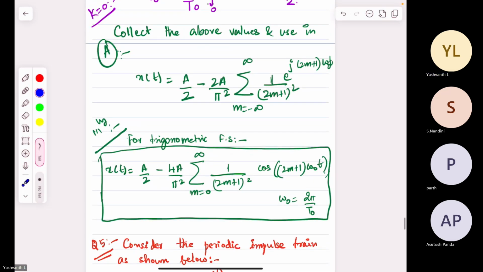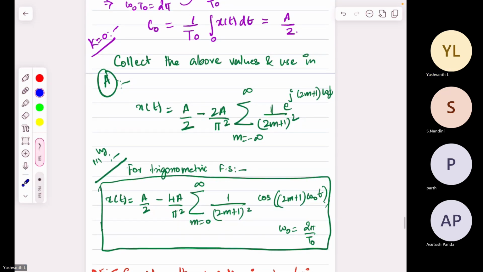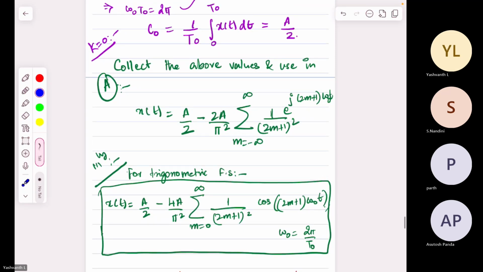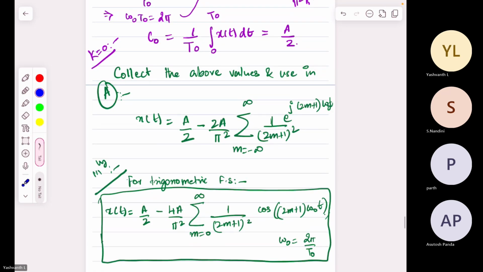Can anyone unmute and tell if it's clear or not clear or anything? None of you are responding, so I don't know whether it's clear or not. Anyone can respond and tell if it's clear or not clear. Anything is okay. I can explain again if things are not clear.